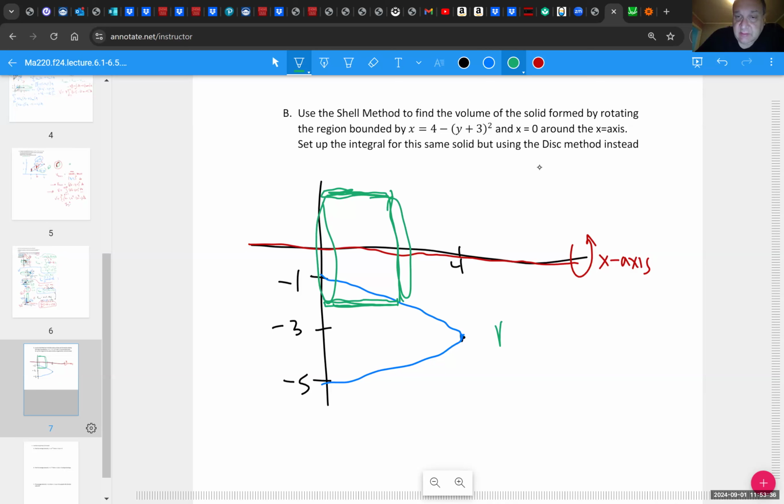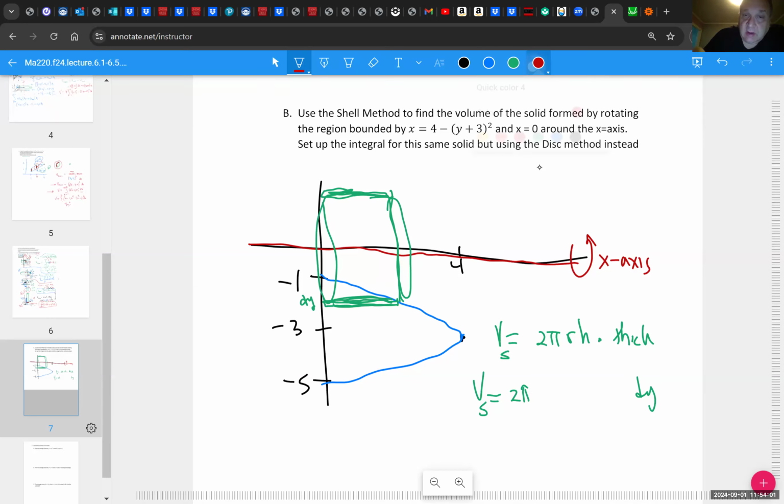To find the volume of a slice, I'll do 2 pi r h times the thickness. Because I sliced it horizontally, the thickness is dy. So I need to find the radius and the height.